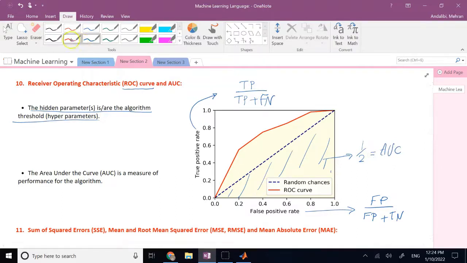The best performance is, as I told you, if you can get perfect positive rates for all different thresholds. So it's a flat line like this. So this is AUC min, and then AUC max. Maximum area under the curve is the 1 by 1 rectangle.